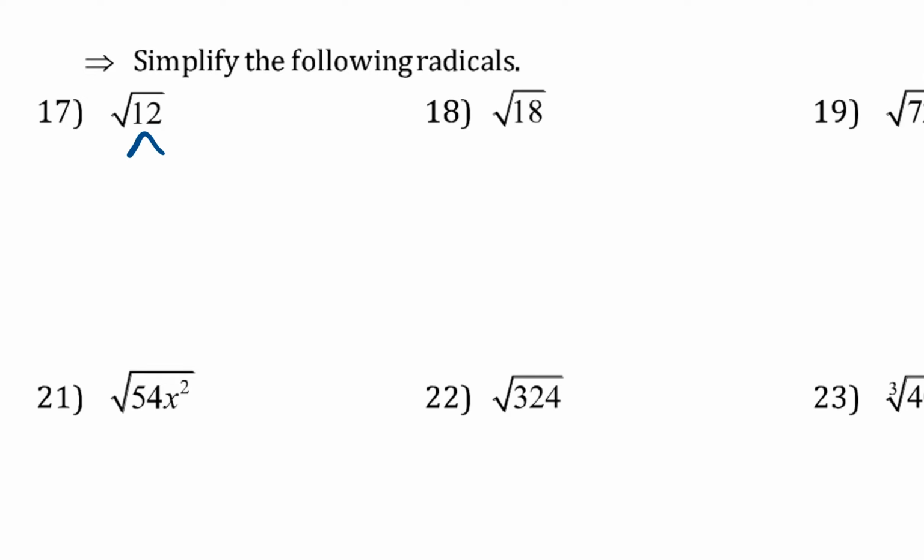just break down 12. So any two numbers that go into 12, I would say 4 and 3. And then keep breaking down non-prime numbers. So 4 breaks into 2 and 2. That's a pair. We usually teach it that this little radical is like a jail, and the goal is to get out of jail. The way to get out of jail is to find a buddy or a partner that's exactly the same number as you.